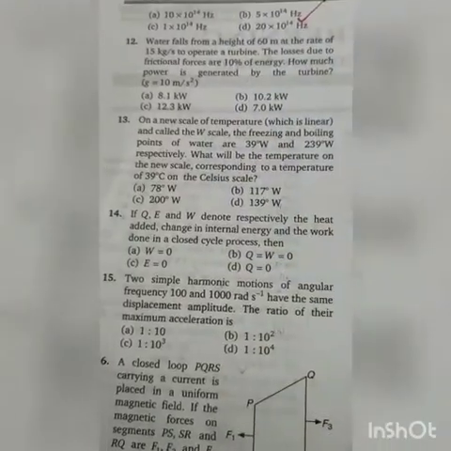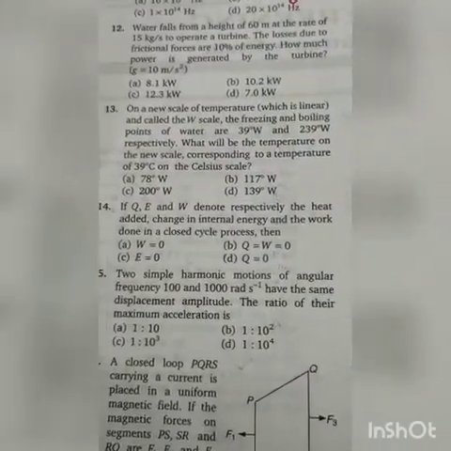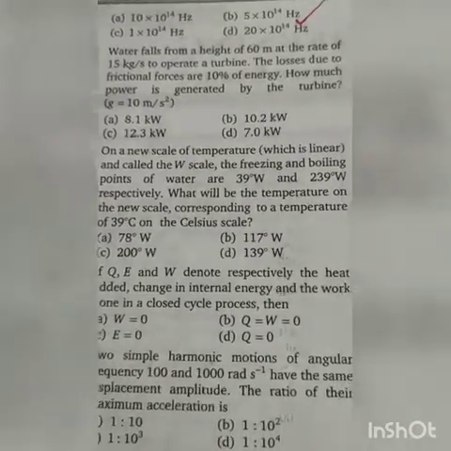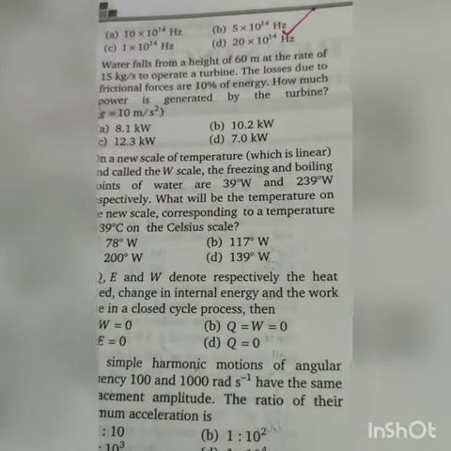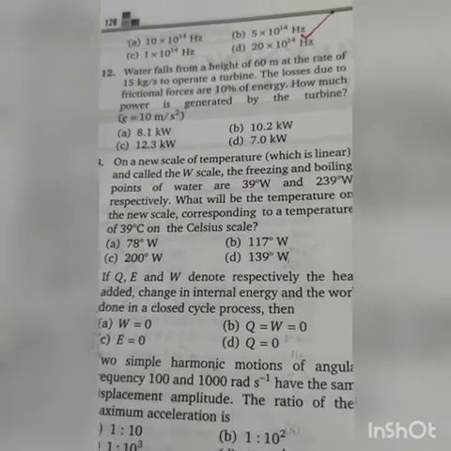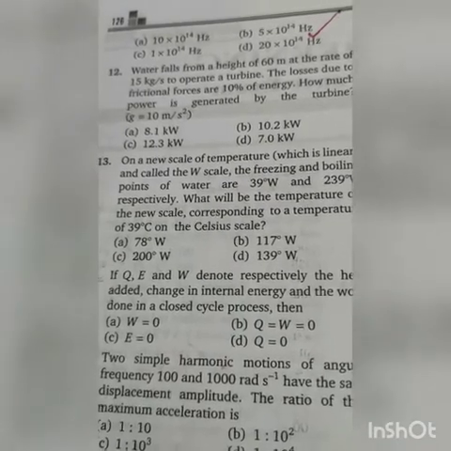Now question number 12. Water falls from a height of 60 meter at a rate of 15 kilogram per second to operate a turbine. The loss due to frictional forces is 10% of energy. How much power is generated by the turbine? So we know that power generated is equal to power supplied minus power loss.